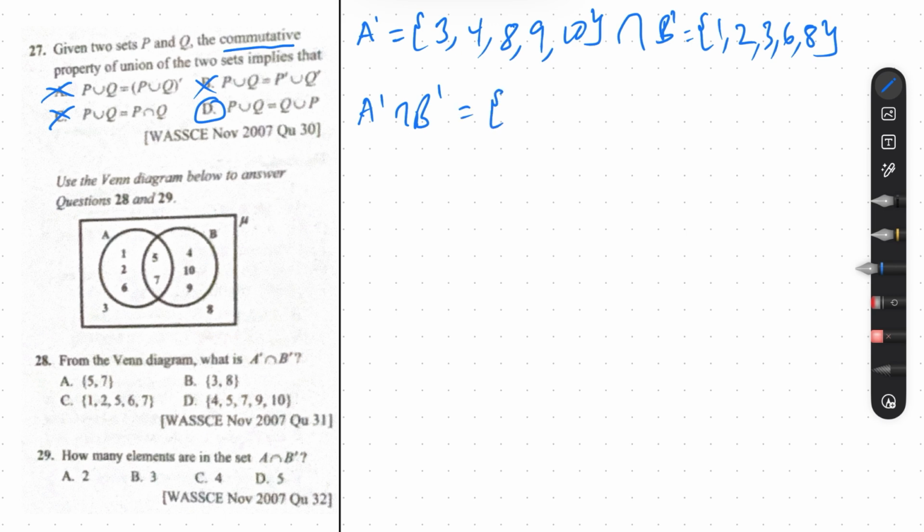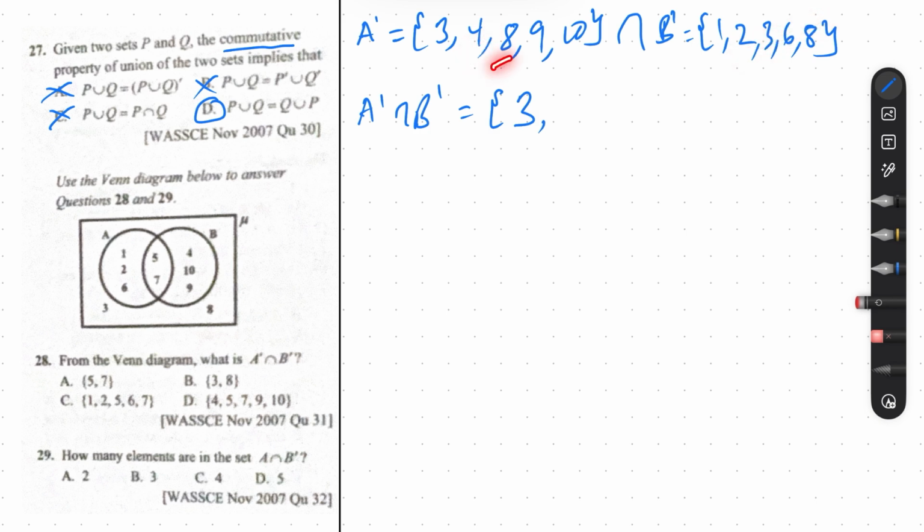What this means is elements common to this set and to this set. Let's start with 3. We have 3 here and 3 here, so 3 goes. Let's continue. We have 4 here, 4 not here, so it cannot go.